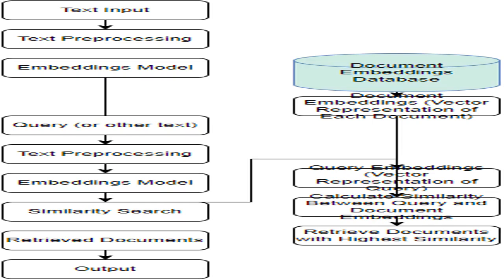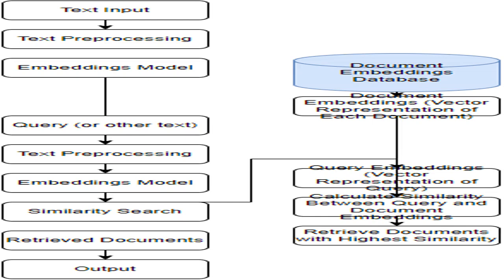Document embeddings database stores vector representations of documents, houses pre-computed document embeddings. Document embeddings for similarity search. Similarity search identifies documents most similar to the query, calculates the similarity between query embeddings and document embeddings stored in the database. Query embeddings, document embeddings.